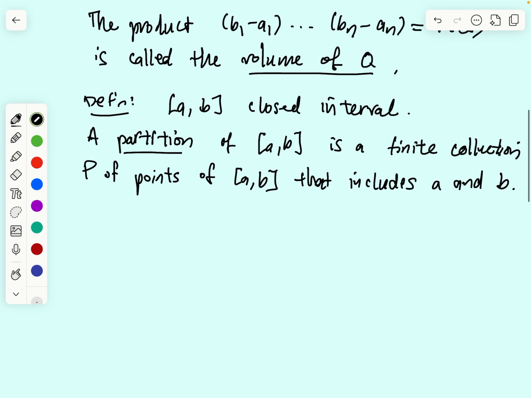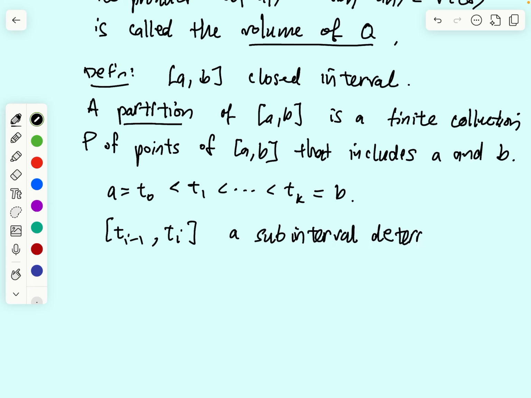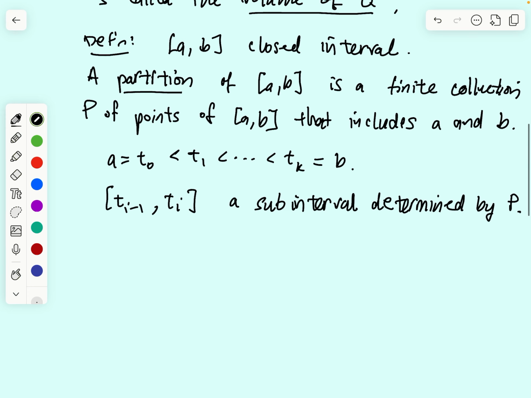And we usually call a t0, and then it goes up to tk, say, which is b. So each of these intervals, t(i-1) to ti, is called a subinterval determined by P. So that's a partition of a closed interval.